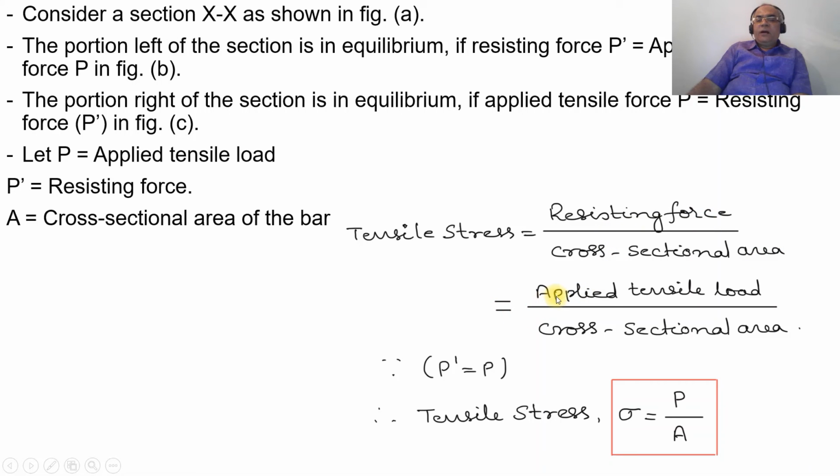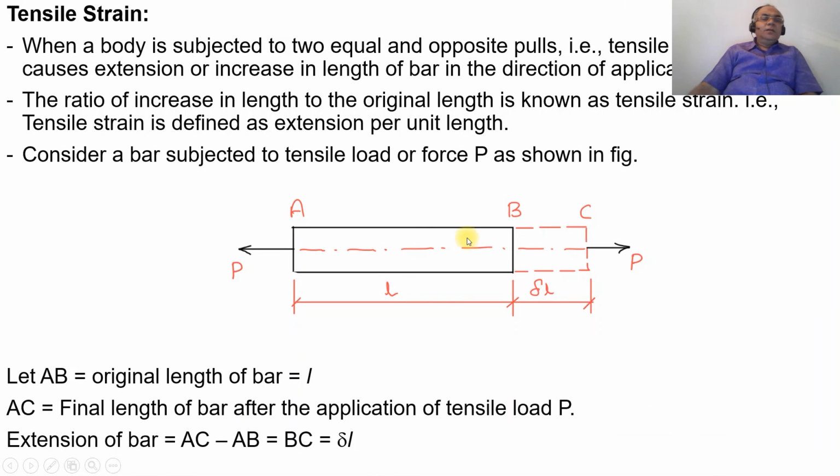It is nothing but the applied tensile load, because P dash is equal to P. Therefore, we substitute the resisting force by P. Therefore, sigma will be equal to capital P by A, where sigma is the tensile stress, capital P is the applied tensile load, and capital A is the cross-sectional area.